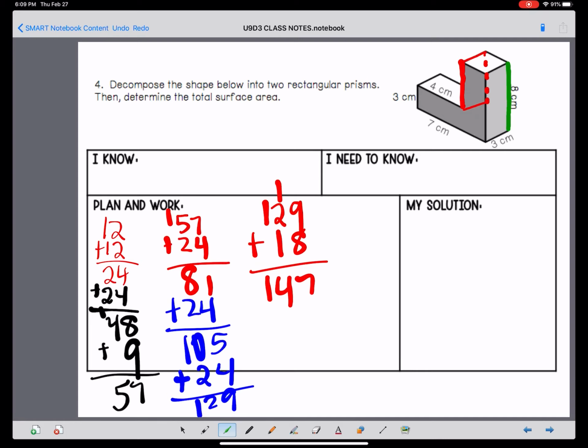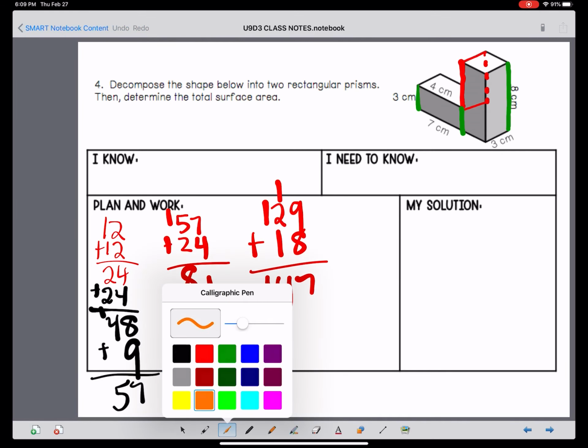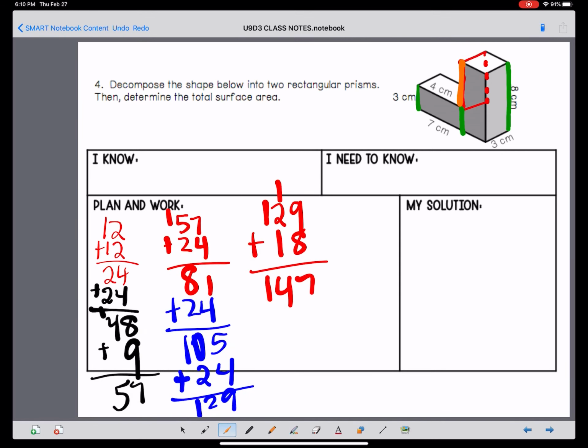How can we figure out, oh, here we go. We have 3 centimeters tall is over there. That means to here would be 3 centimeters. 8 centimeters, take away 3 centimeters, leaves us in orange with 5 centimeters. So we know that our rectangle is going to be 5 centimeters tall.